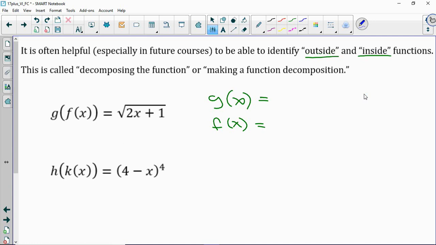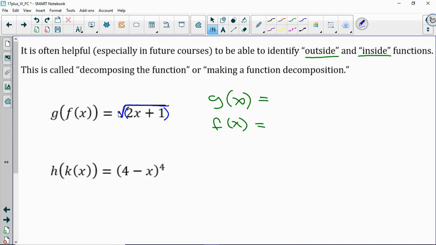When I see this function, I see the outside as being the square root of some stuff. You know, we could put the 2x plus 1 in parentheses, and parentheses might be the key to all this. If you either see parentheses or if you could write parentheses, that's going to indicate that you've got something inside of them and then something outside of them.